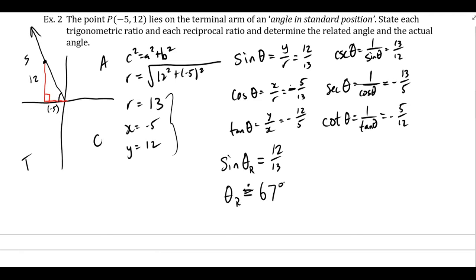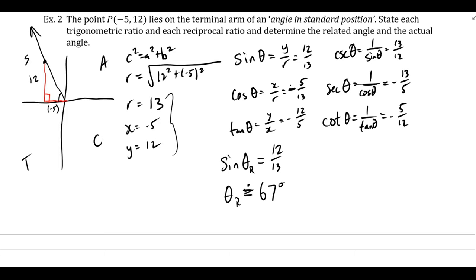Did everybody get that? Try it on your calculator, it's important. Your calculator has to be in degrees. There are other modes that we will use in grade 12, but for now, for this weekend, you're using degrees. You have to put it in brackets, or if you have a one-line calculator, you would do 12 divided by 13 equals, and then hit shift sine. You should be able to get 67 degrees.